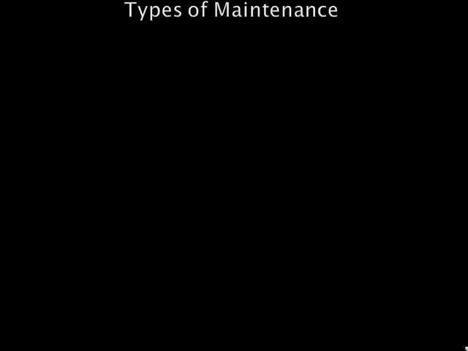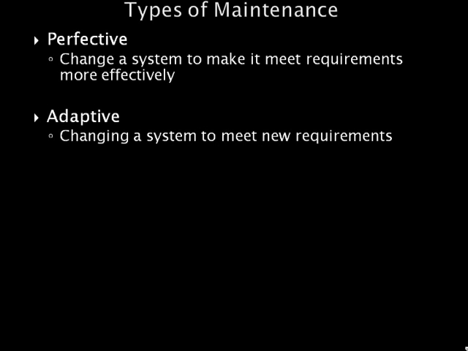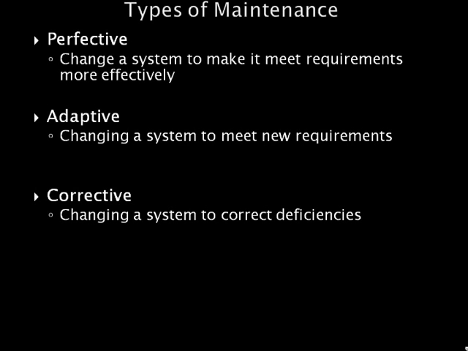Perfective maintenance, which is the changing of a system to make it meet its requirements more effectively. Adaptive maintenance, which is the changing of a system to meet new requirements. Corrective maintenance, which is the changing a system to correct deficiencies in the way it meets its requirements. However, a post-implementation review is also carried out so as to evaluate system performance and project performance.